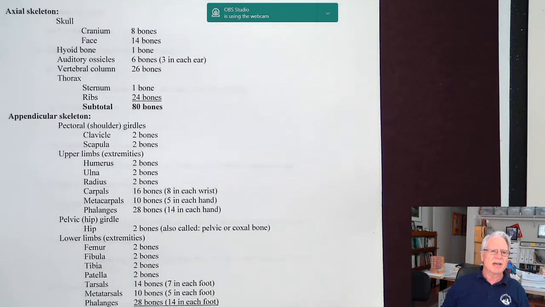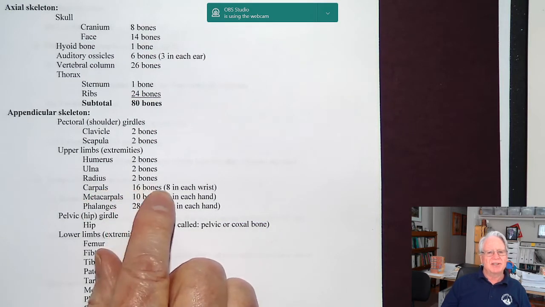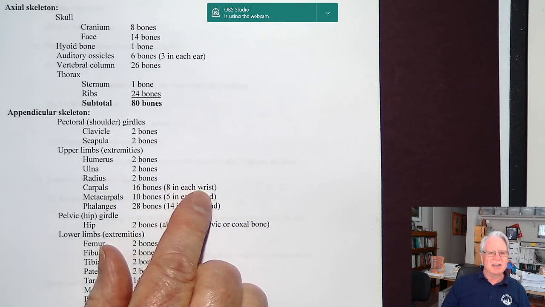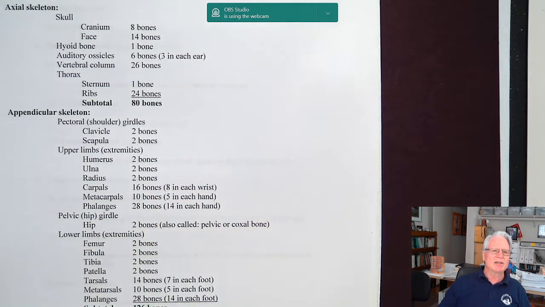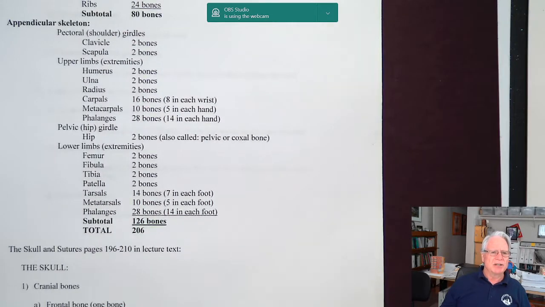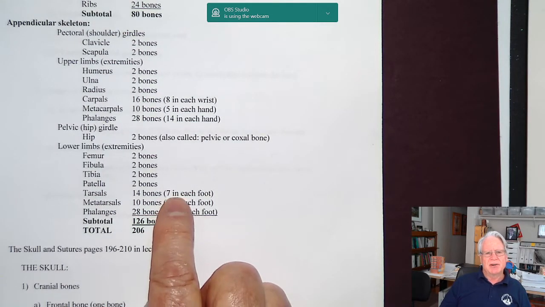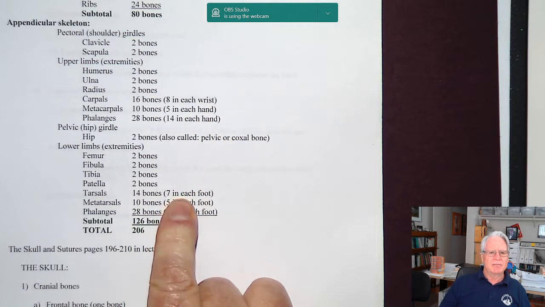If we look at, for example, the carpal bones, there are 16 of them. There's 8 bones in each wrist. Okay? So 8 bones in each wrist. If we go and look at the foot, the tarsal bones, there are 7 in each foot. So there's a difference, 8 and 7.